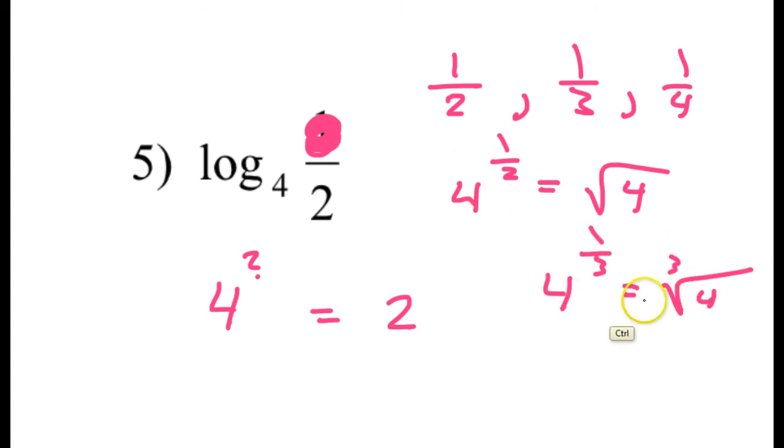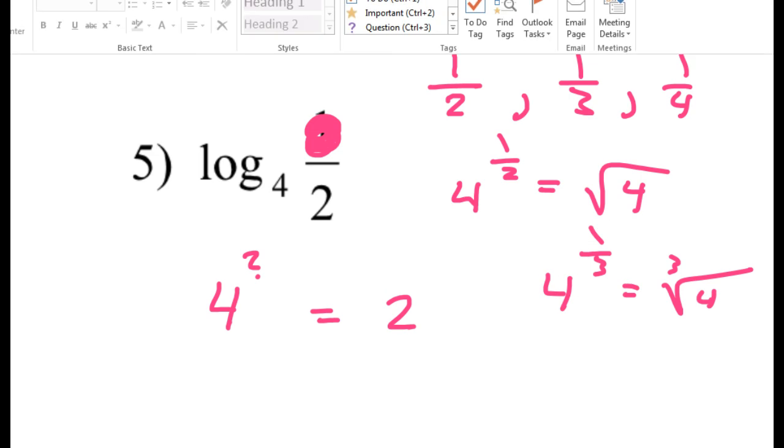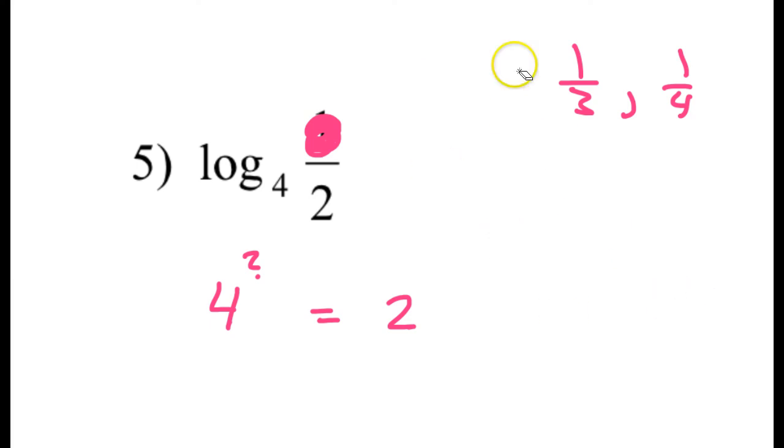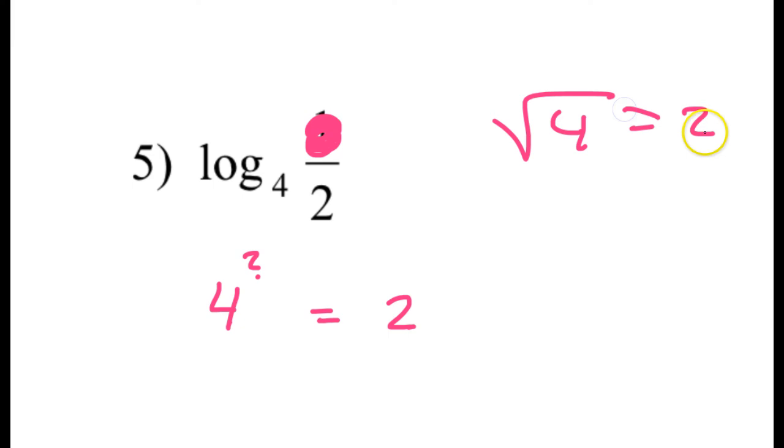These types of things will make the number get smaller. So ask yourself, what root will turn 4 into a 2? And when you realize that the square root of 4 is equal to 2, then that means 4 to the 1/2 power is equal to 2.